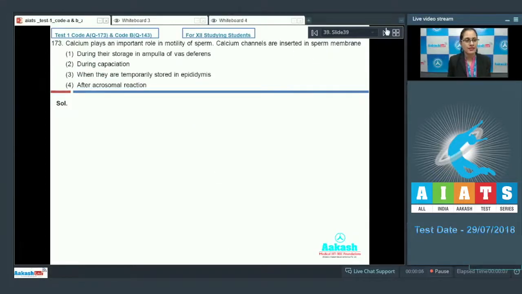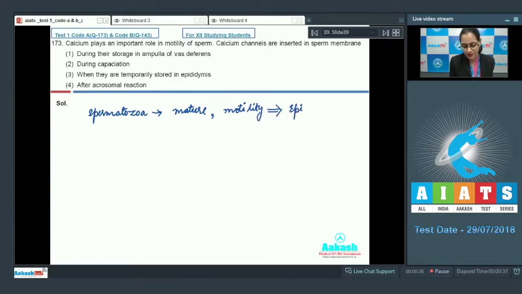Question number 173. Let's read the question first. Calcium plays an important role in motility of sperm. The calcium channels are inserted in sperm membrane. Now we know that spermatozoa mature and attain their motility in epididymis.